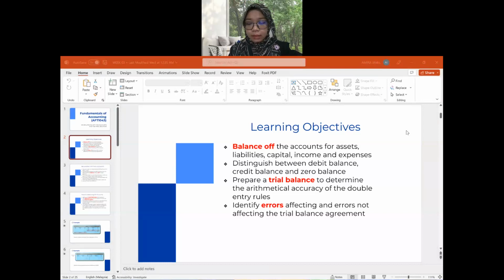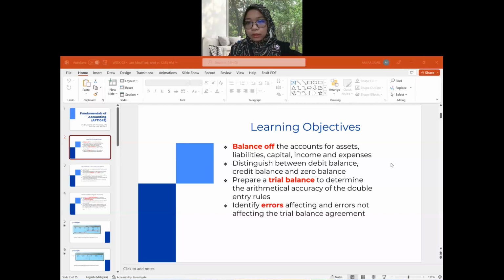And then we learn how to prepare a trial balance. After we balance off the accounts, we transfer the balances to the trial balance in order to determine the accuracy of the double entry rules.